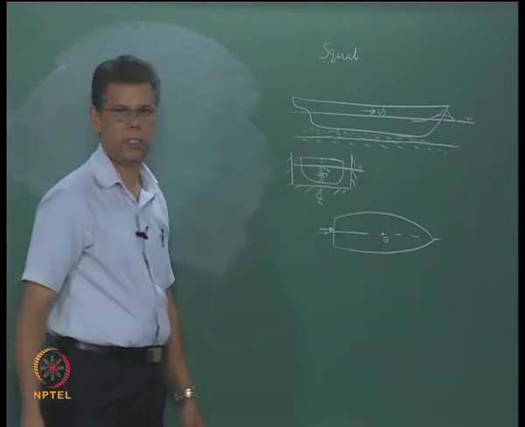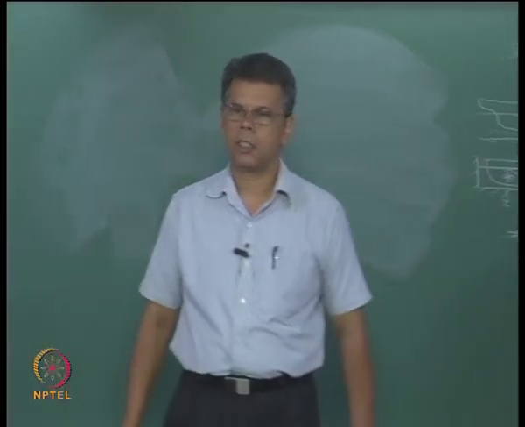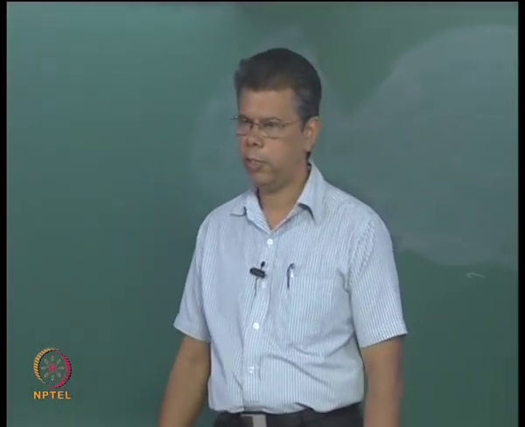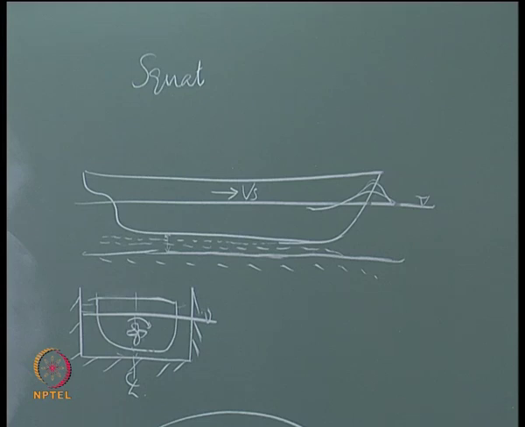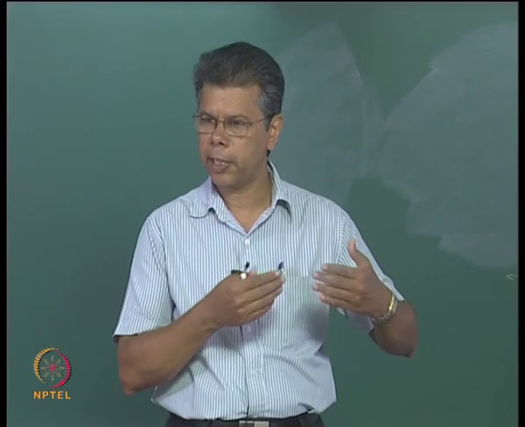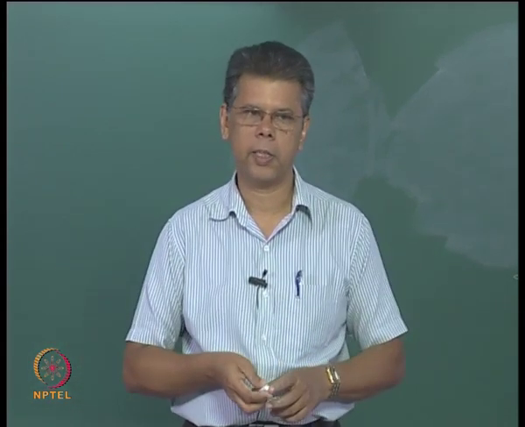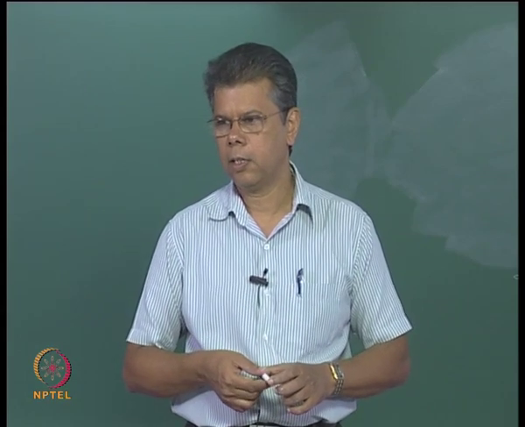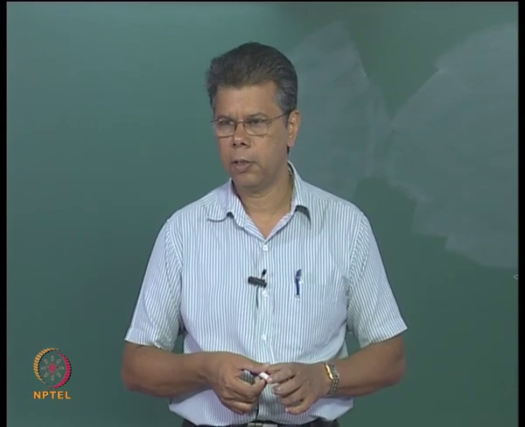So naturally these restrictions will enhance the flow velocity and the squat effect will be more compared to the case where there is only shallow water. Generally the transverse restriction is not considered for shallow water, but if there is a transverse restriction like in a canal or river, naturally this problem gets aggravated and the squat effect will be higher.